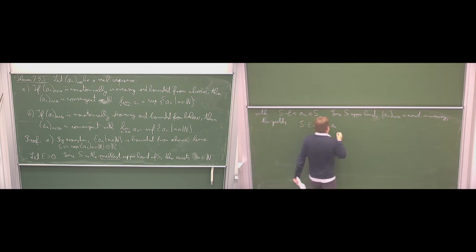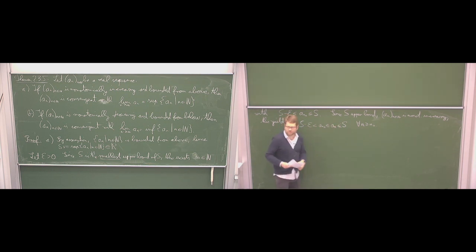And since S is an upper bound, this still holds for all n bigger than n0. This shows that a_n is caught between S minus epsilon and S, so in a very small neighborhood of S. And this already shows the convergence.